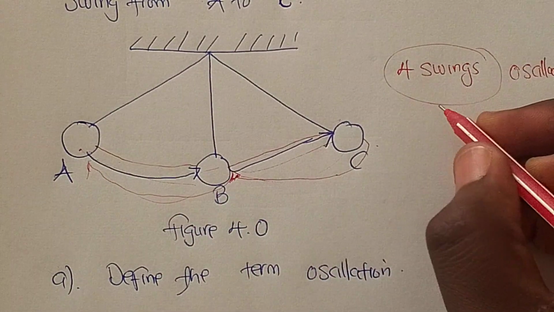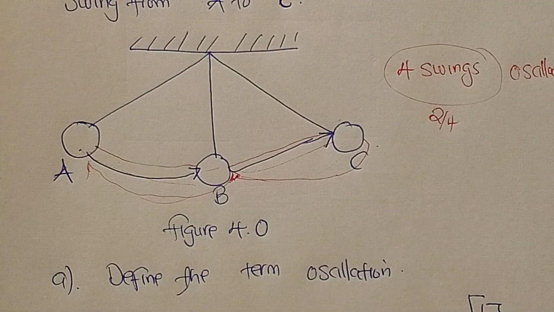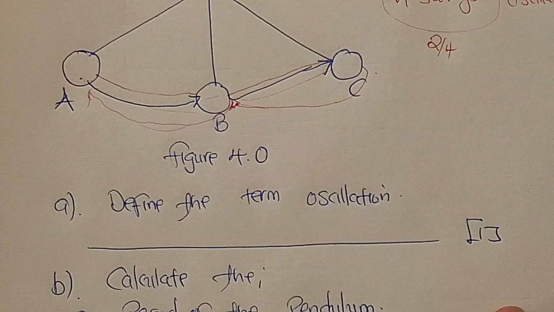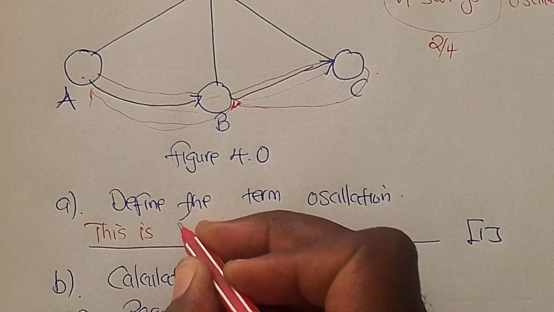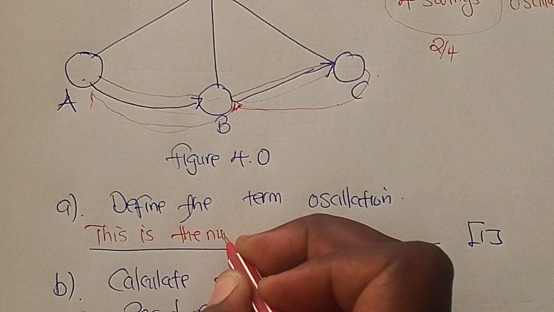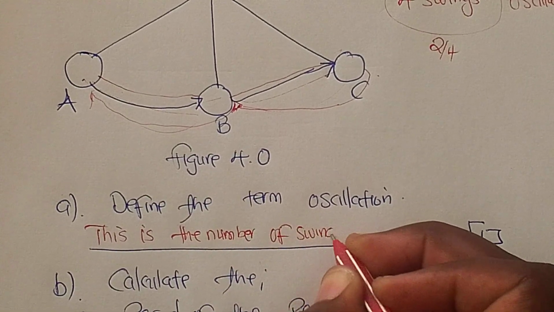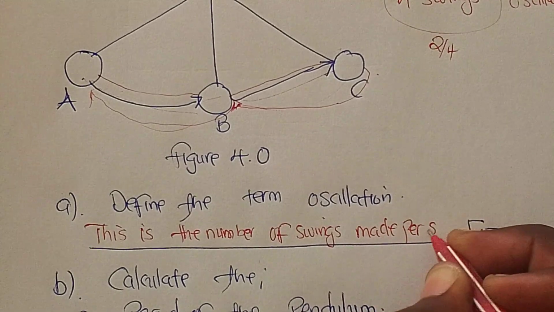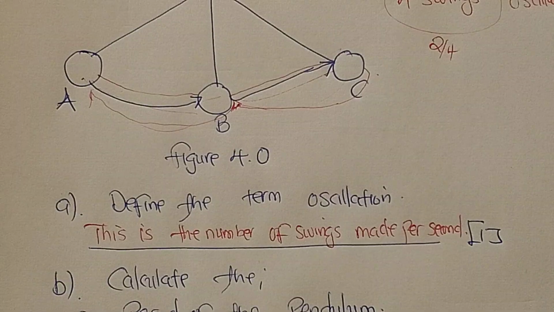So the number of oscillations should be 2 over 4 because it's not complete. So to define the term oscillation, we're going to say this is the number of swings made per second.